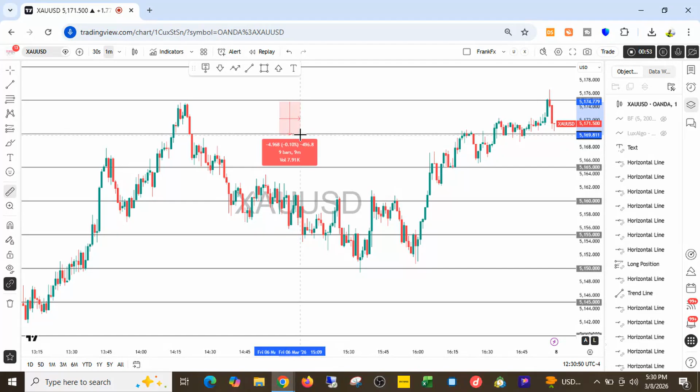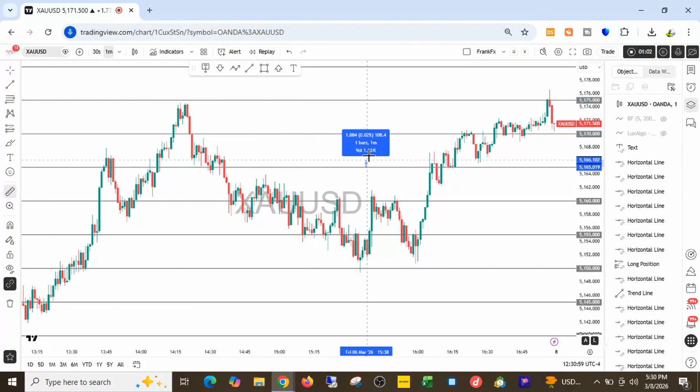If you mark from this place to this place again, it is also just 50 pips. They are all 50 pips, so they are all equal.